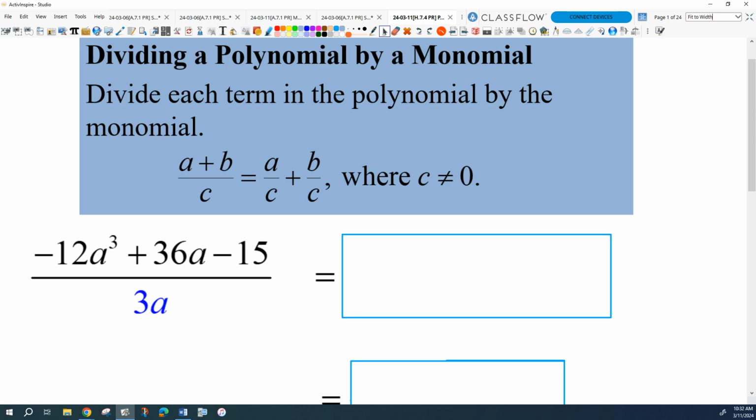We've actually done some polynomial division already when we cancel like factors. If the denominator is a factor of the top, then yeah, I could cancel those, and that's a great idea. In this case, 3a is not a factor of the top for sure because this doesn't have an a, right? So we won't bother with that. But that is a good idea.